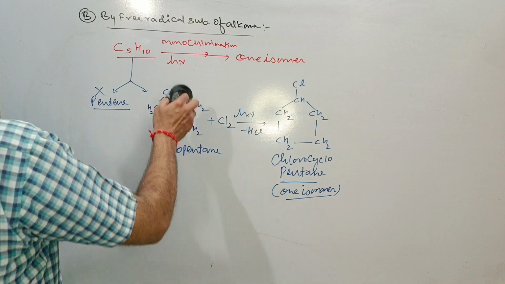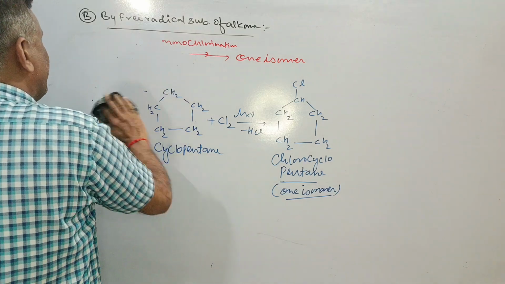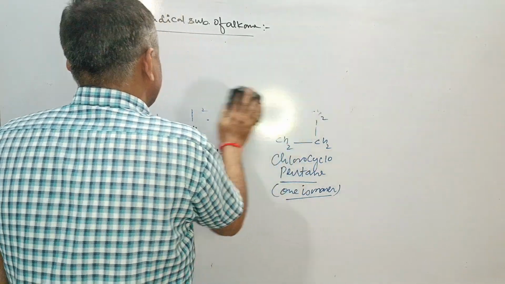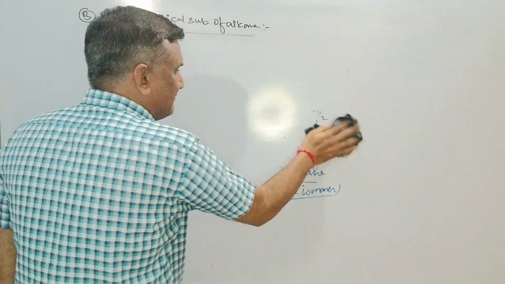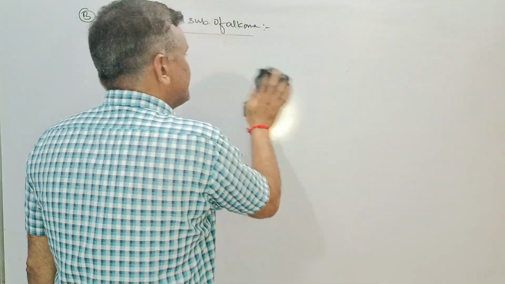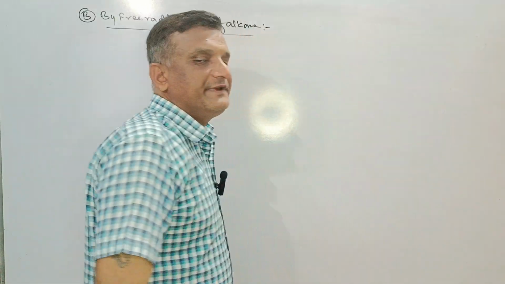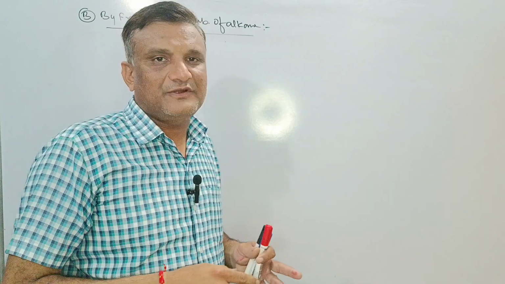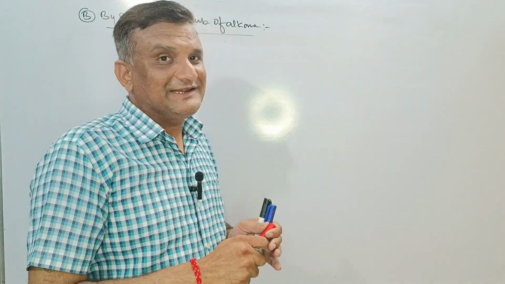If we go with the free radical substitution reaction of the alkane, then if we want to get the iodine derivative, it is not possible by the direct reaction because it's a reversible reaction. So again it will form I2. So what we can say?